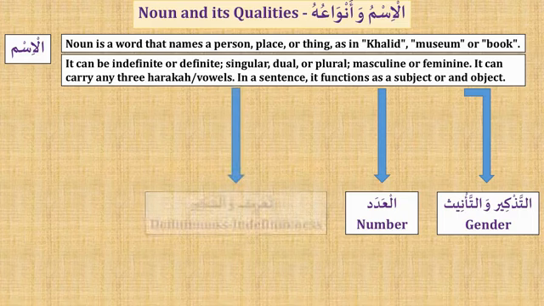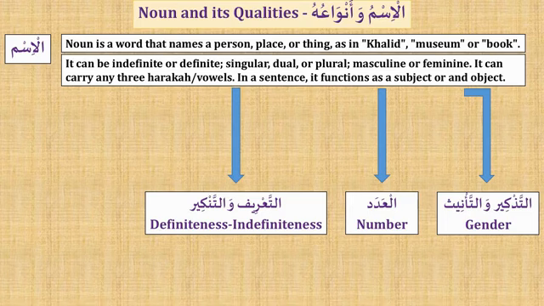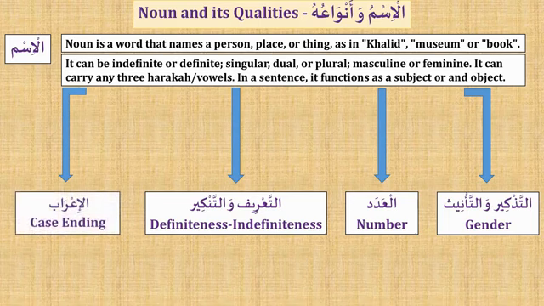The third quality is at-ta'rif wa tankir, definiteness or indefiniteness. Each noun is either definite or indefinite. And the last quality is al-i'rab, case ending, whether the noun ends with dhamma, fatha, or kasra.